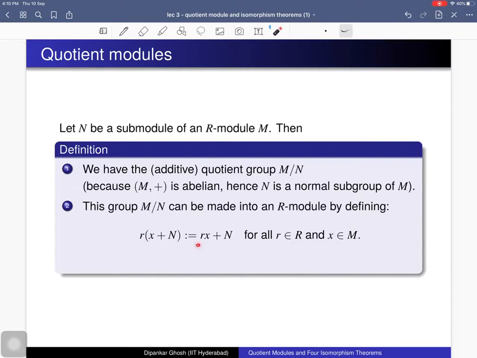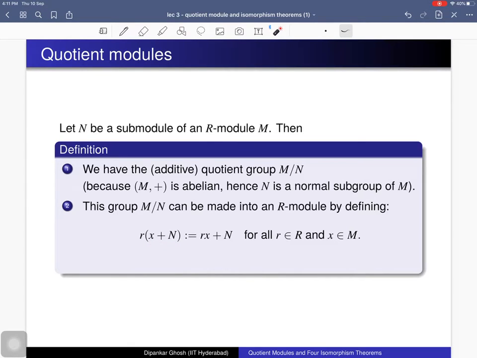It is just the equivalence class of r times x. Why well-definedness? Because we are working with this coset, and it may have other representatives. So, this definition should be independent of the choice of the representatives of this coset, that we need to prove.